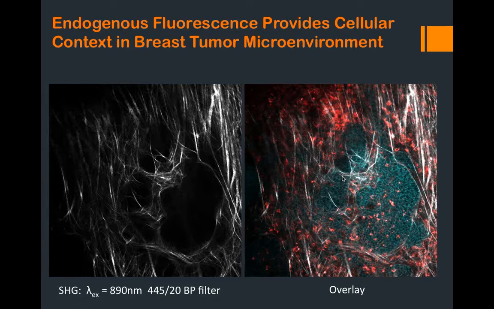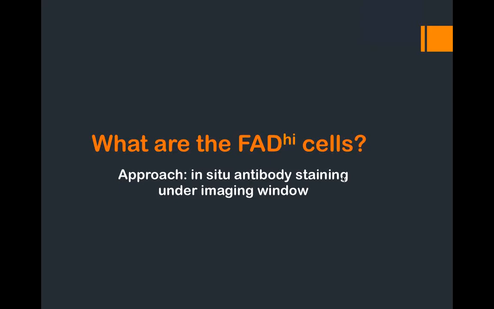So a really obvious question that we had was, what are these FAD high cells? The approach that we came up with in order to study this is by using in situ antibody staining underneath our imaging window.